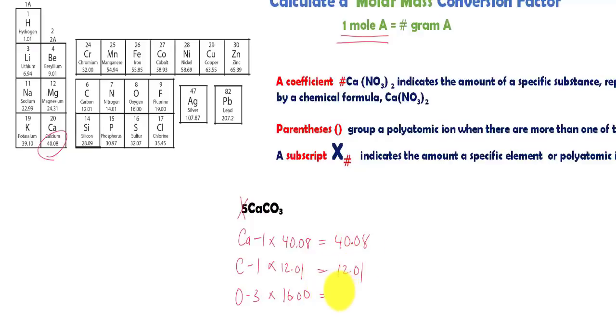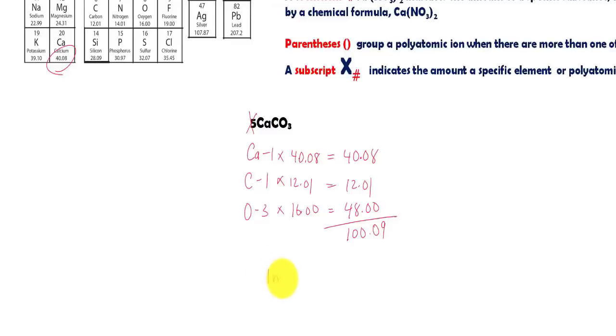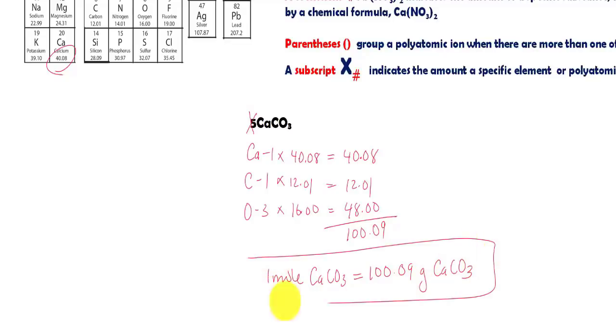And for oxygen it is 48.00 because there are 3 of it. And we add them together, we have 100.09. And to express this as a molar mass, we have 1 mole of CaCO3 equal to 100.09 grams of CaCO3. And there you go. That is our molar mass.